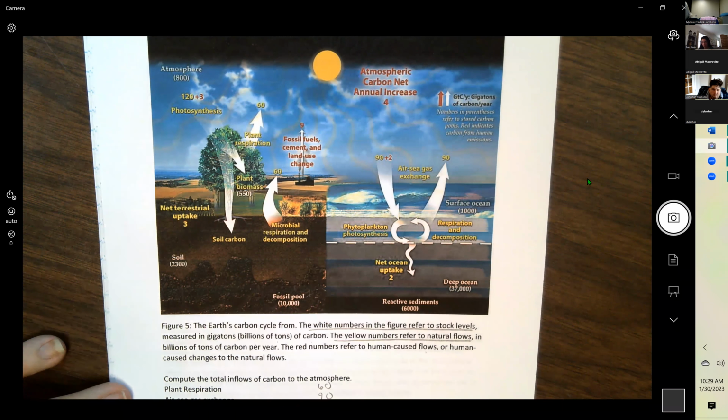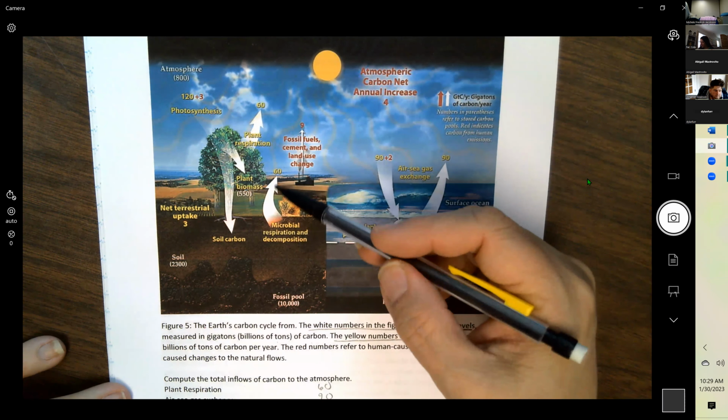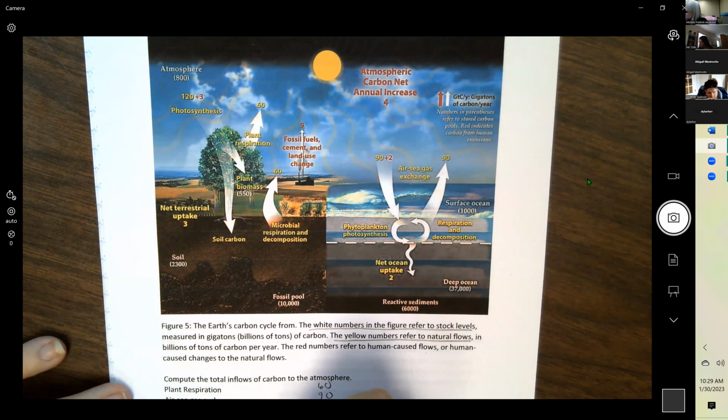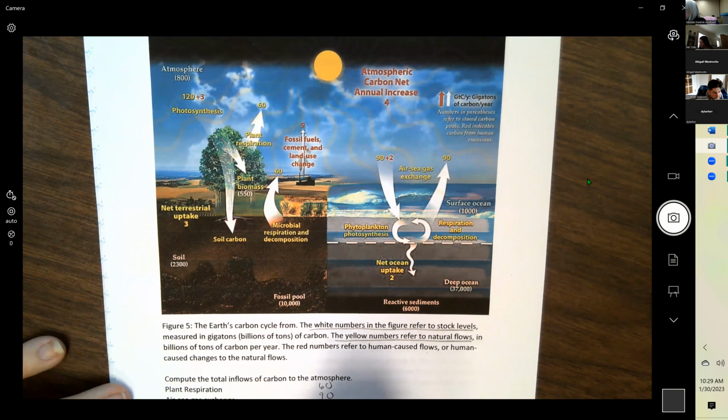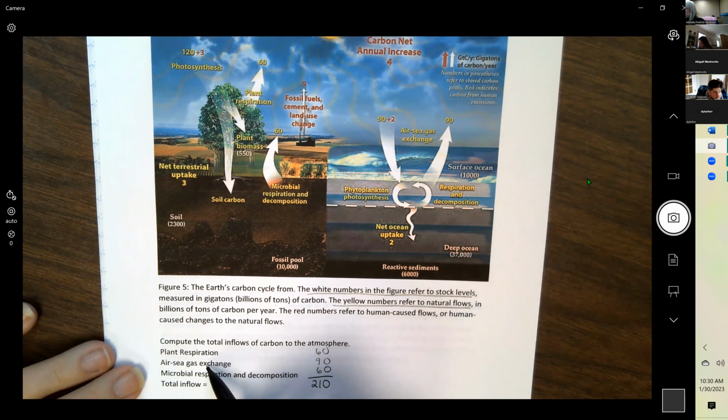And microbial respiration right here is another 60. We add them up, and the total inflow is 210. So these are the three that were inflow.